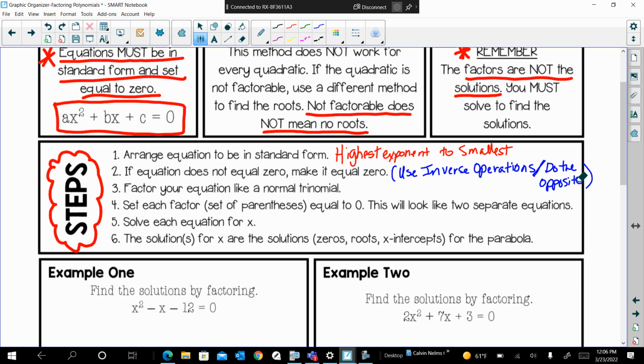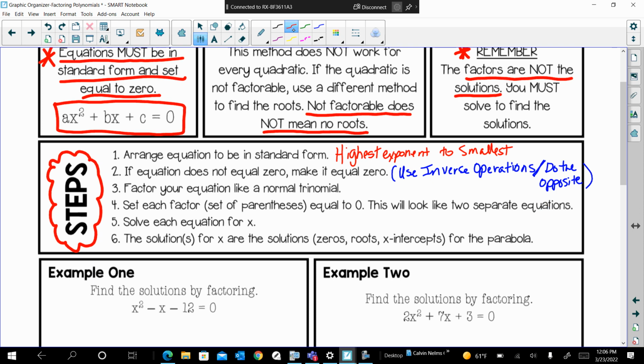So once we have it equal to 0, then you can factor your equation like a normal trinomial, okay? Then you have to set each factor, set of parentheses, equal to 0. This will look like two separate equations. Solve for x, okay?